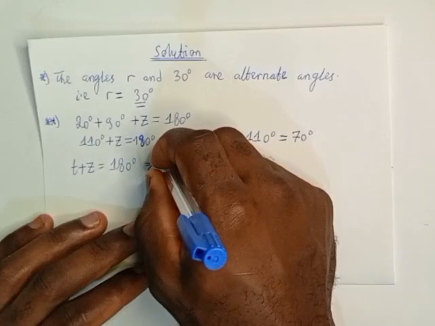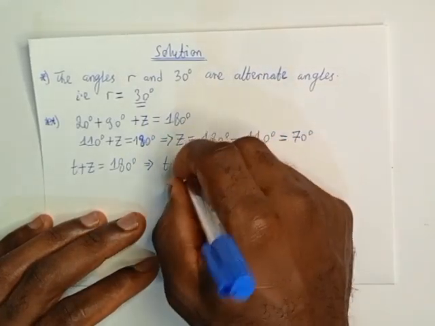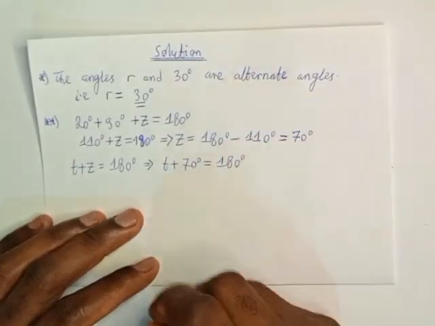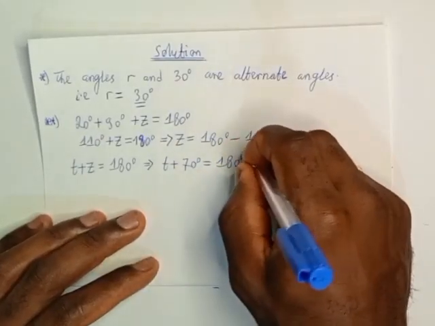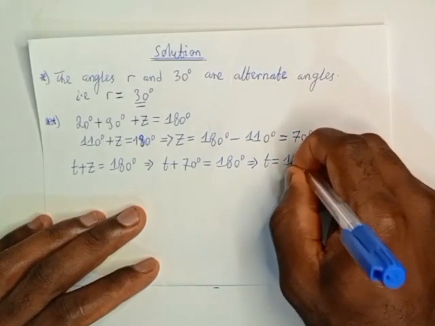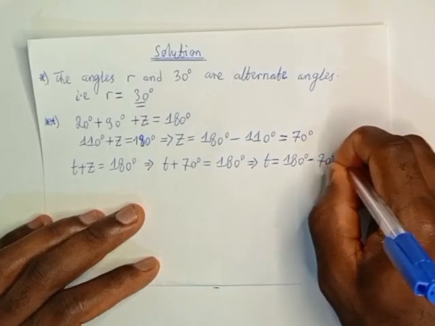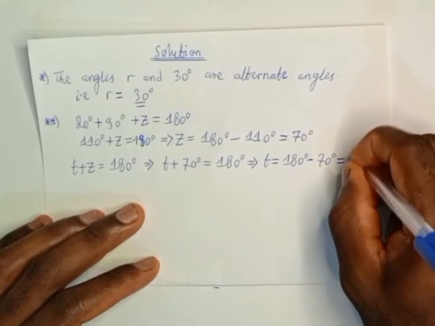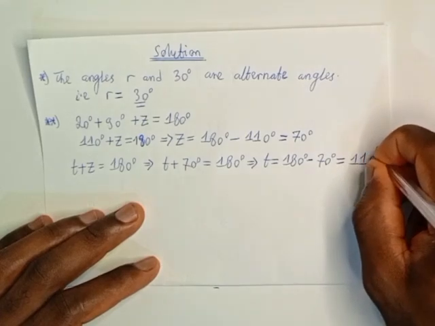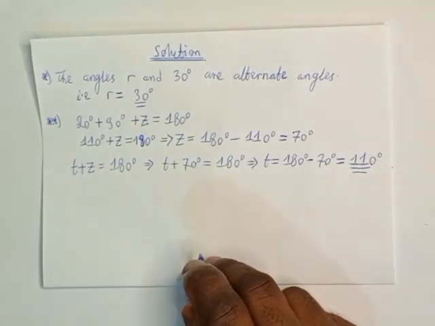It simply means T plus Z, which is 70 degrees, is equal to 180 degrees. This will give us our T to be equal to 180 degrees minus 70 degrees, which is equal to 110 degrees. This is the angle T.